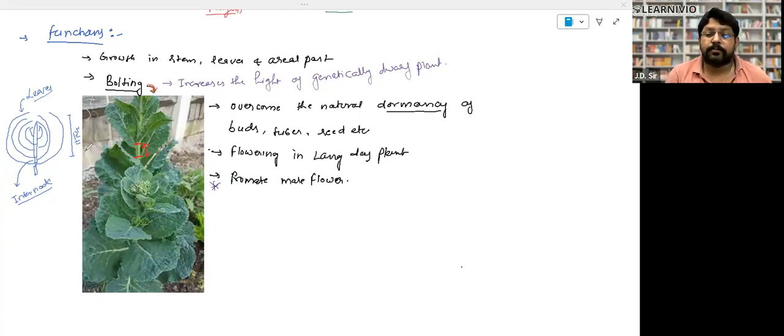Bolting is the process of increasing internodal length of a genetically dwarf plant.